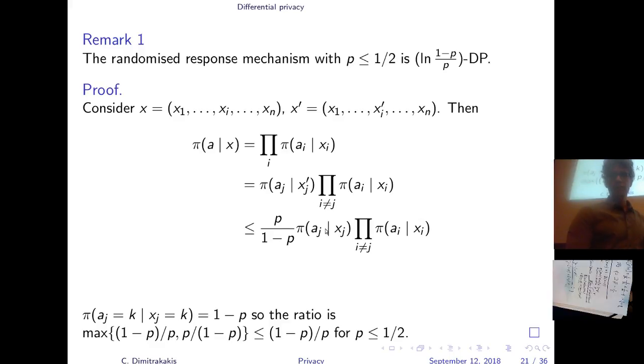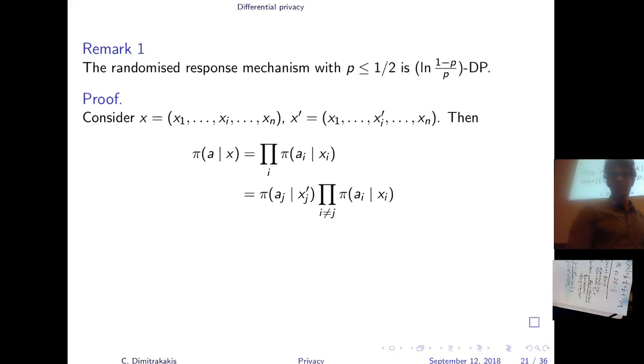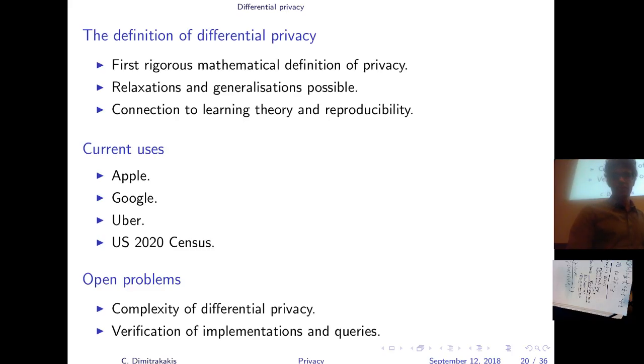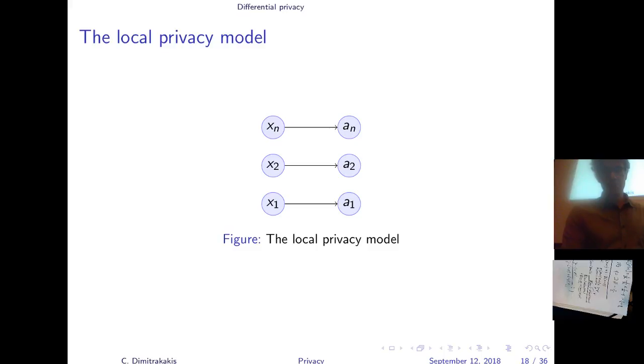Okay. But now this one is basically P(A given x) is basically P(A given the new data x') multiplied by this ratio. And if you remember the definition of differential privacy, it says that the logarithm of the ratios, right, is bounded by a constant. Okay. Or if you look at it in the other way, the ratios are bounded by the exponential of this. Yeah. So that's saying the same thing as saying the logarithm. Yeah. So there's a definition here. Okay. That's weird.